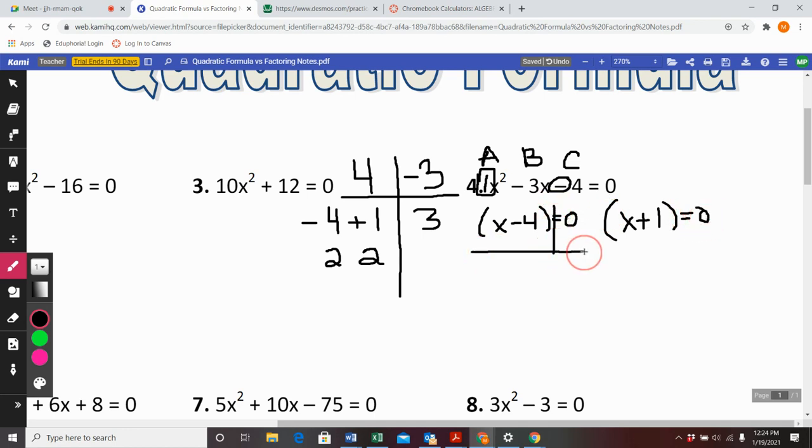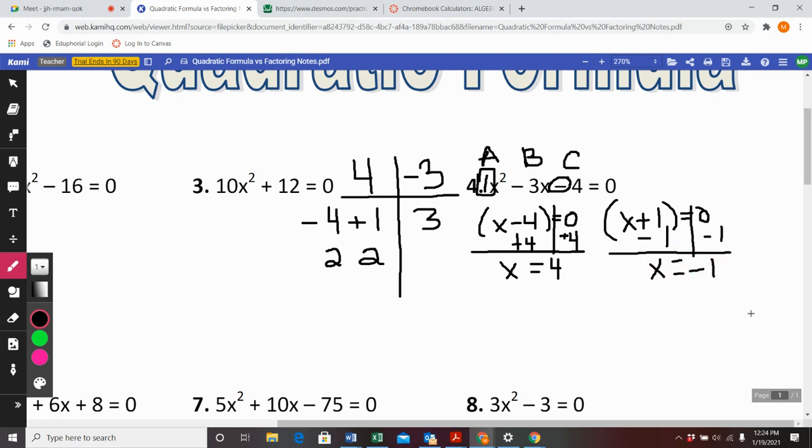How do I move a minus 4? You add it. So this is going to be x equals 4. And then this one, how do I get rid of the plus 1? Subtract, subtract. So x equals negative 1.